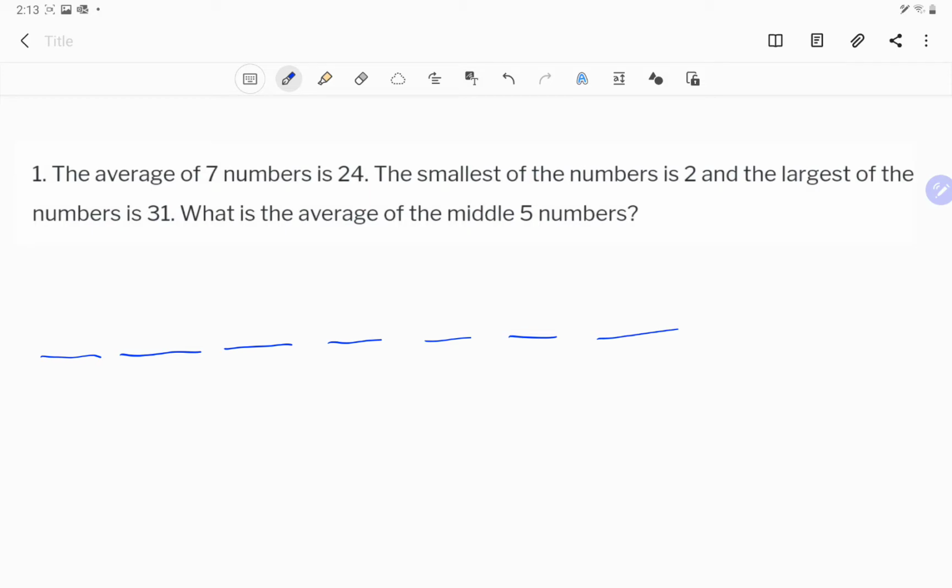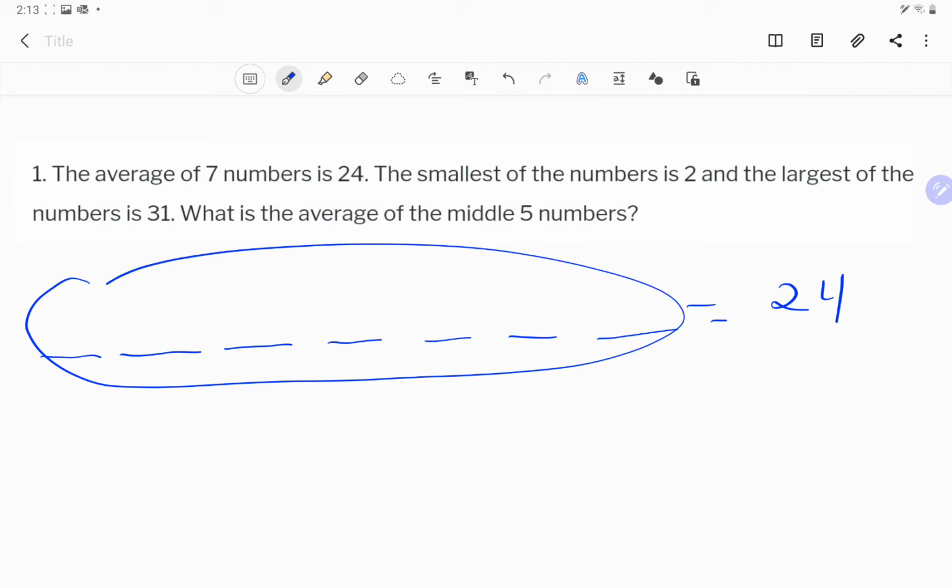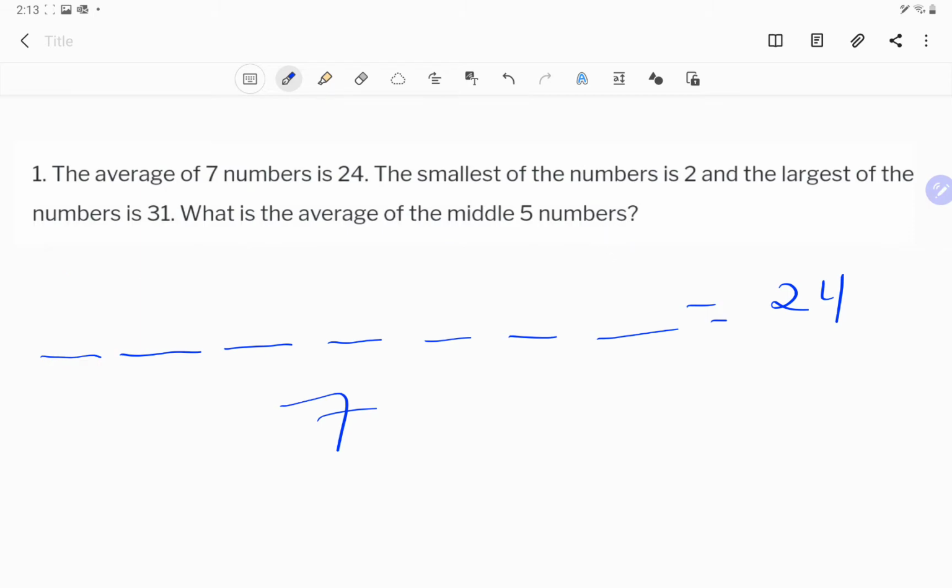According to the problem, the average of the 7 numbers is 24. That means when you add all of these numbers and divide by 7, the answer is 24. But since we don't know all those numbers yet, how are we going to find the total sum of these numbers?